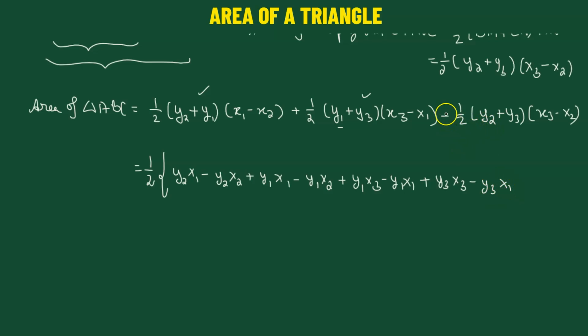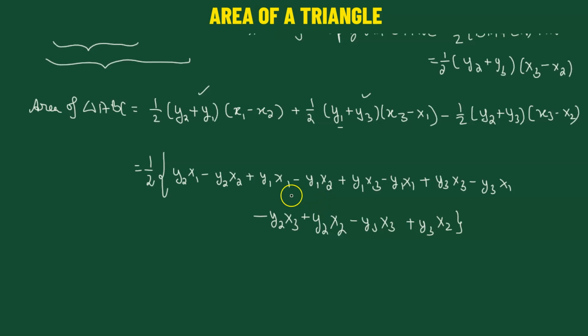Then we have the minus y2 x3. Then we have negative y2 x2. So we are going to multiply with negative sign to make it positive. So we have positive y2 x2. Then we have negative y3 x3 plus y3 x2.